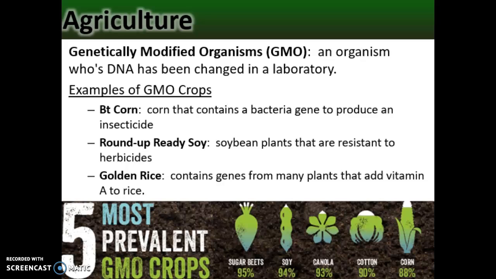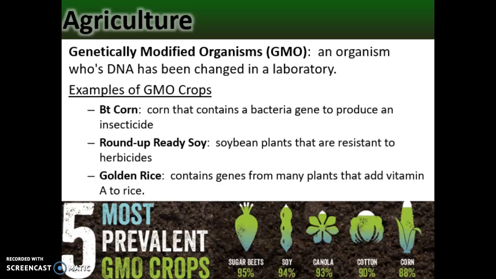Is it really safe? Another example of a genetically modified crop is Roundup Ready soy. This is actually one of the first genetically modified crops that was available for farmers to grow. It allows the farmers to spray their entire fields with a very popular herbicide called Roundup.